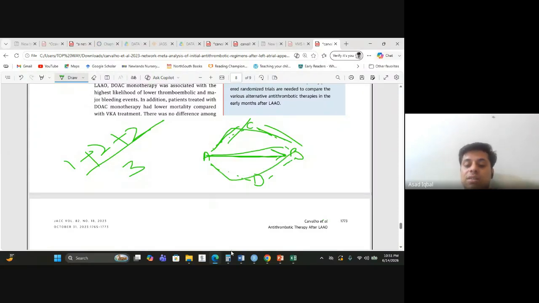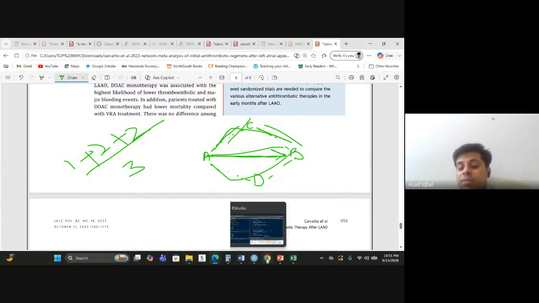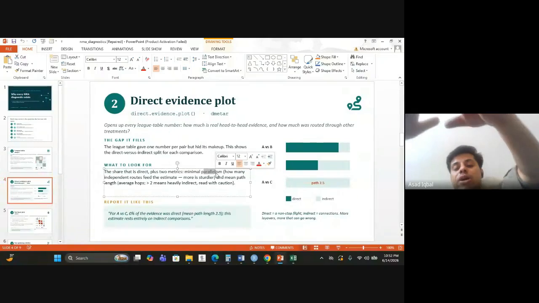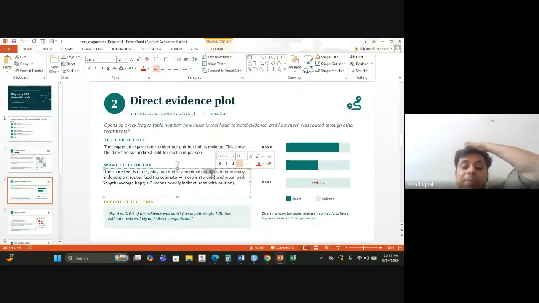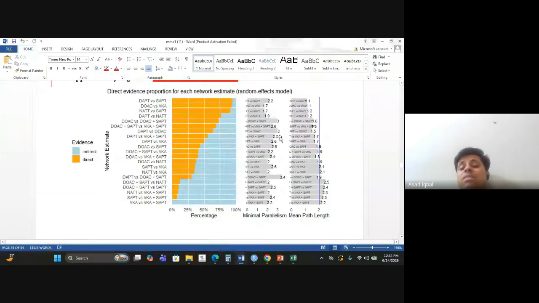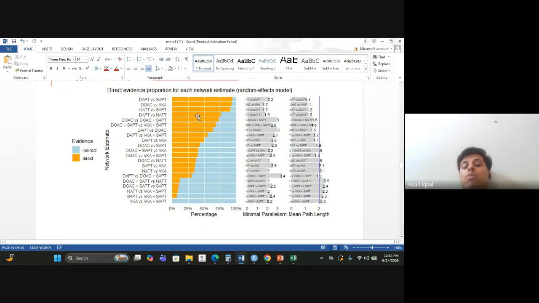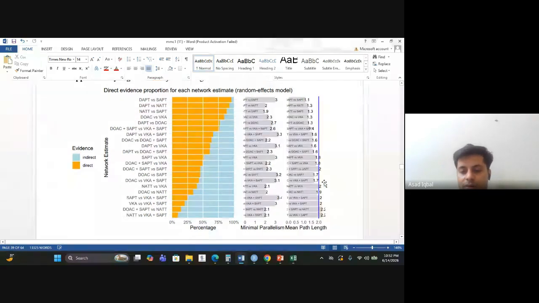So 3 routes. That's the concept of minimal parallelism: how many parallel lines go to that, independent routes for that specific relation. These two columns are usually presented in the direct evidence plot along with the proportion of how much direct evidence contributes to a network. Mean path length more than 2, that's not good.